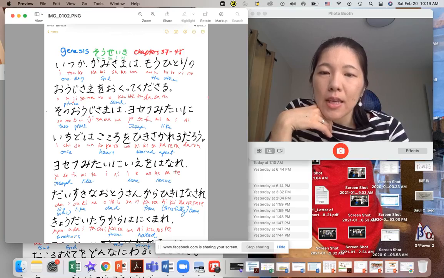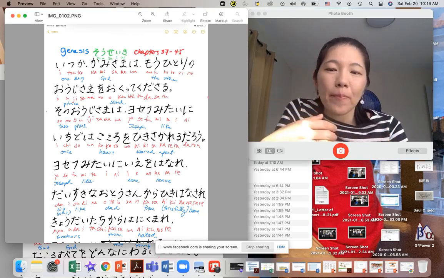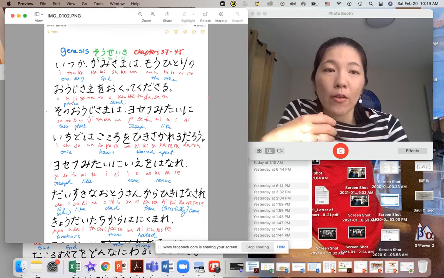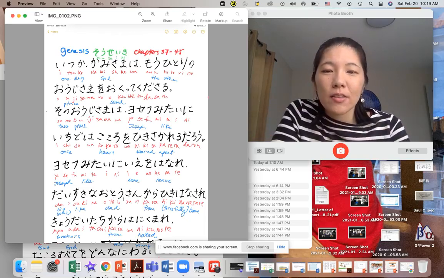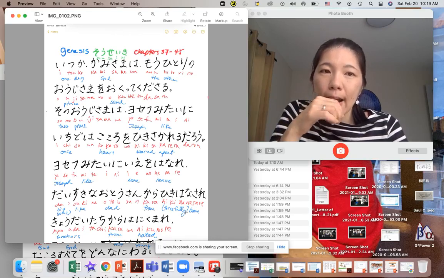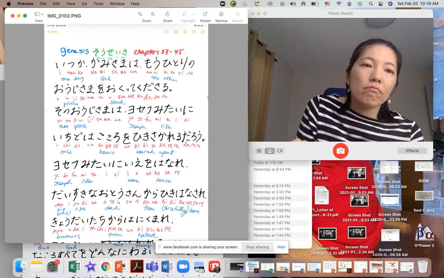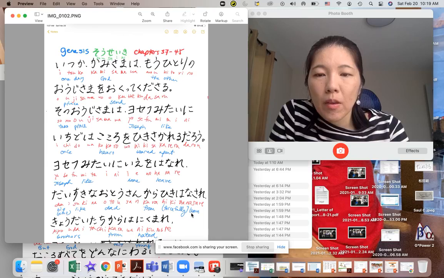離れ is leave, so leave from home. 大好きな is like a lot. お父さん is father. So father that he really liked, from him, he was forcefully made to leave.